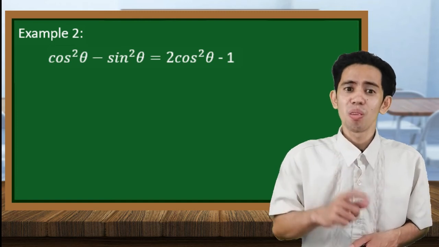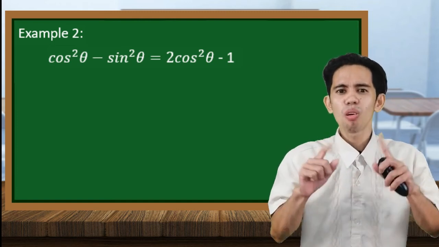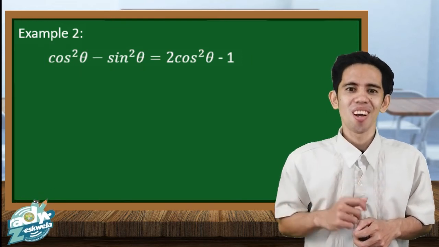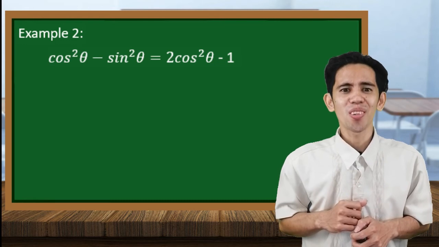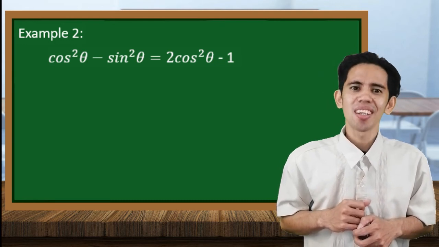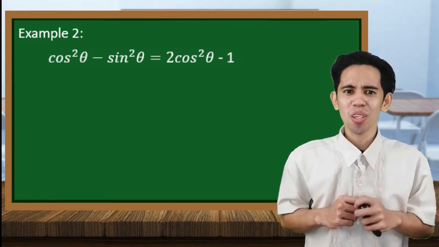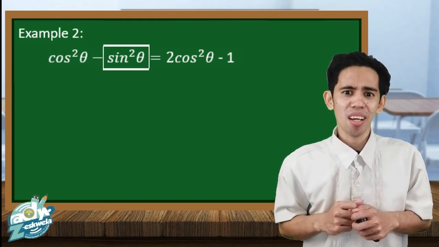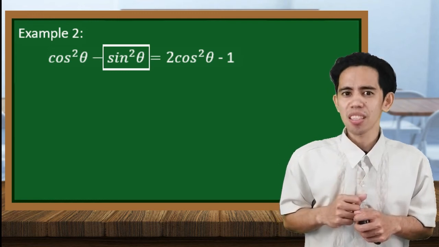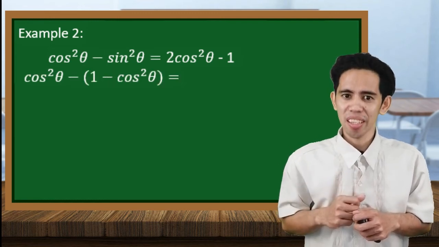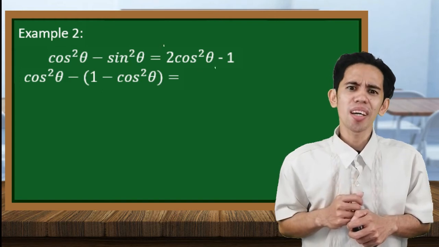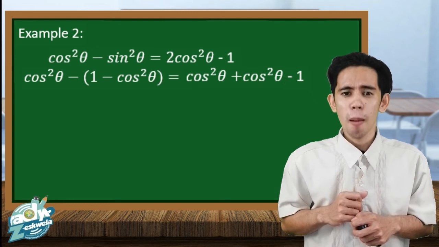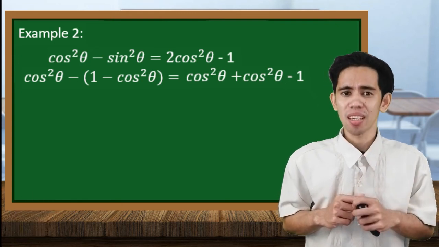Next we're going to manipulate both sides of the equation. Let's try. Cos squared theta minus sine squared theta is equal to 2 cos squared theta minus 1. Then we can convert sine squared theta using the Pythagorean identities. That is for the left side. For the right side, expand 2 cos squared theta into cos squared theta plus cos squared theta.